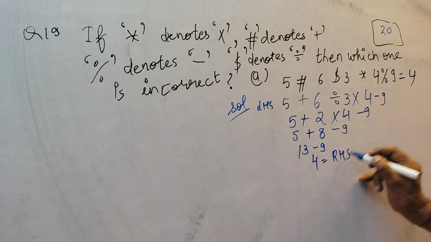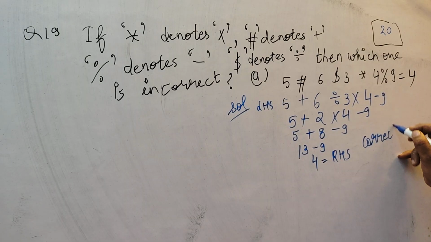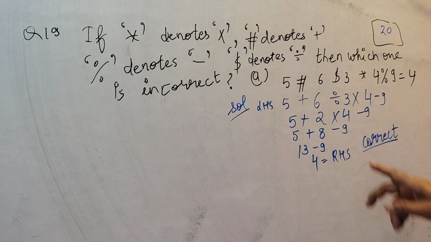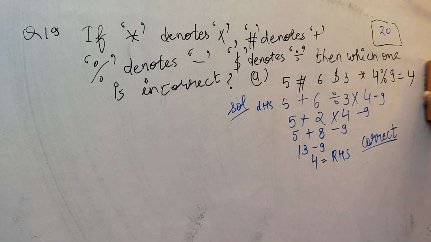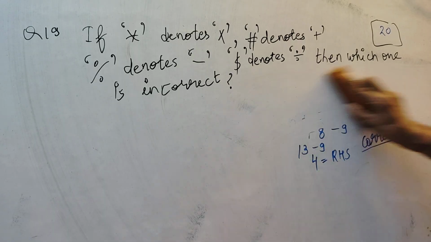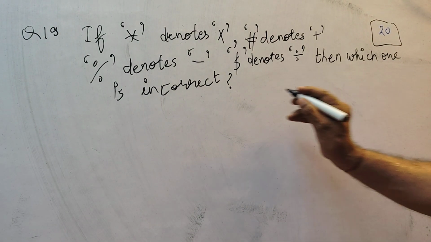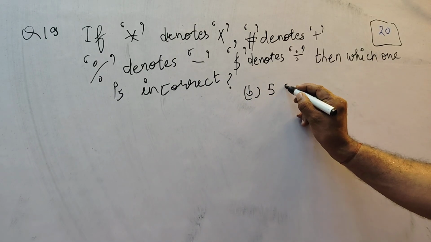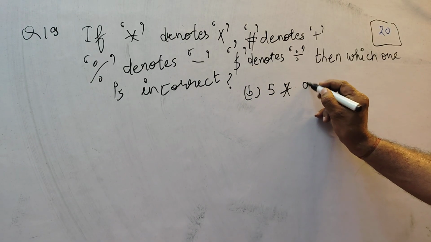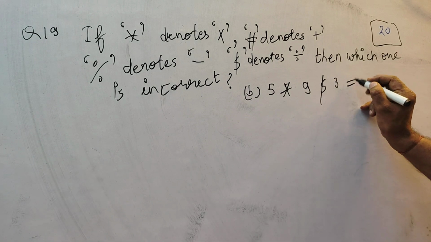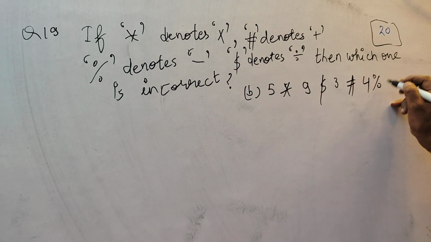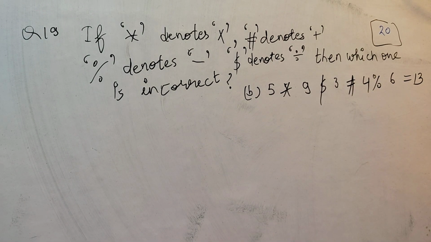So it is correct. The question is asking for incorrect, so this option is rejected. Now come to B option. B option is 5 asterisk 9 dollar 3 hash 4 percentage 6 equal to 13. First we replace the sign.